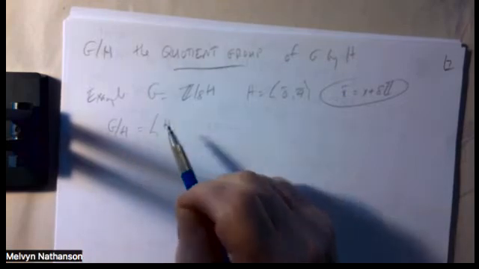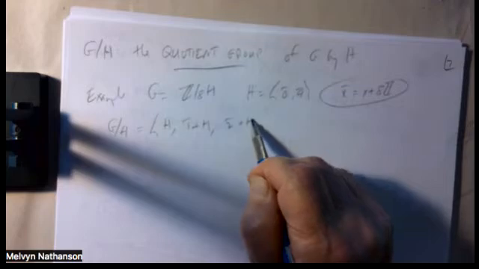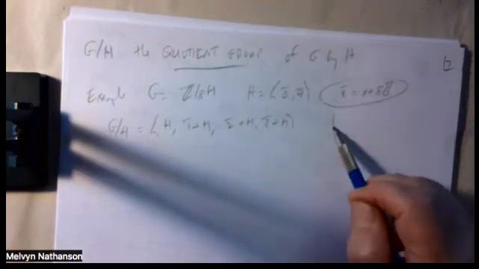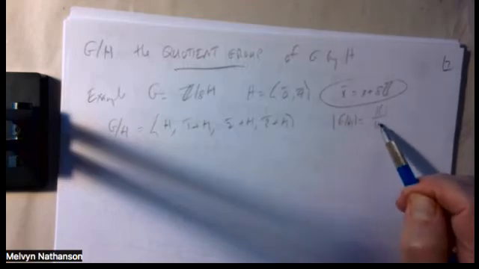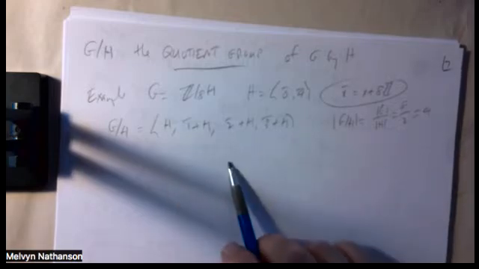And what are the cosets G mod H? They consist of H, 1 plus H, 2 plus H, and 3 plus H. The order of G mod H is the order of G over the order of H, which is 8 over 2, which is 4.